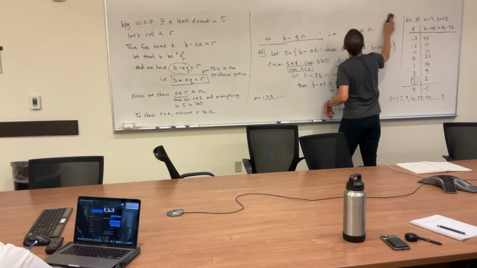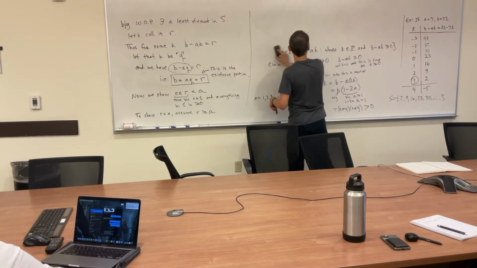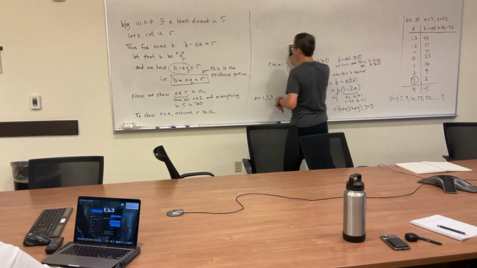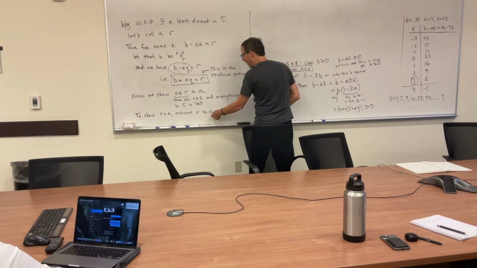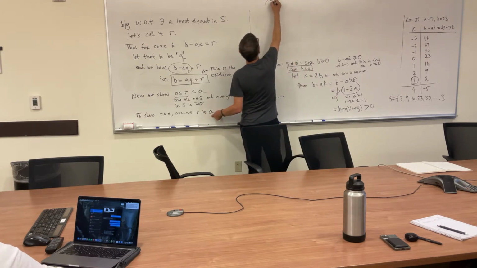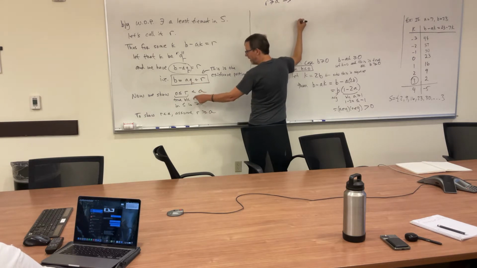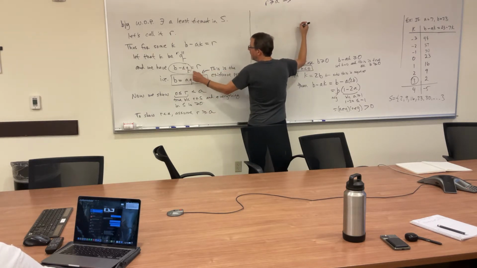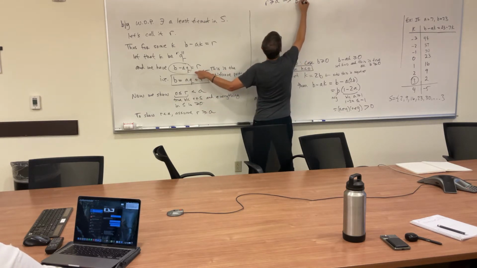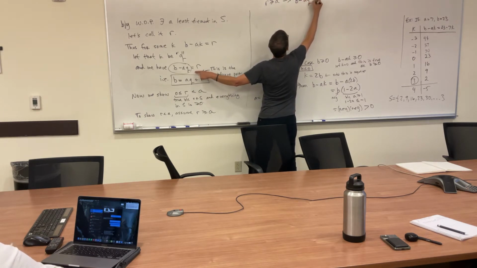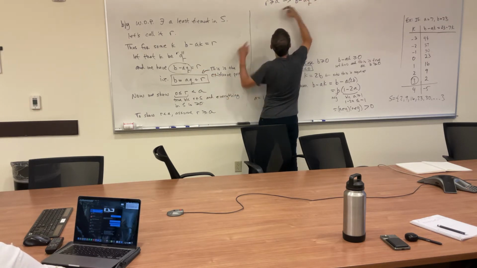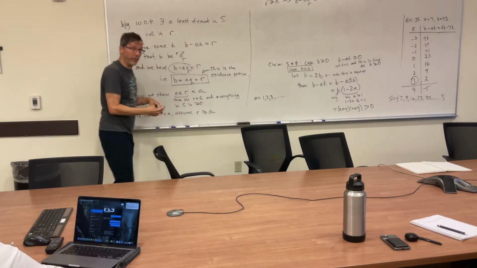I might ask, what was the contradiction I just produced? So we've got R is greater than or equal to A. Well, that implies that B minus AQ is greater than or equal to A. I'm just replacing R with what I know it's equal to.